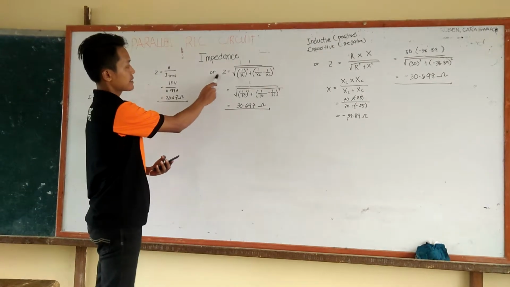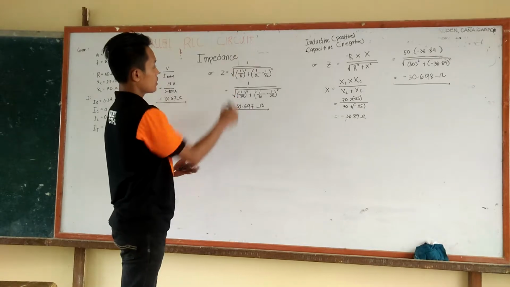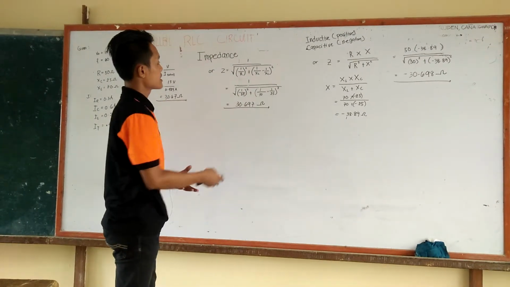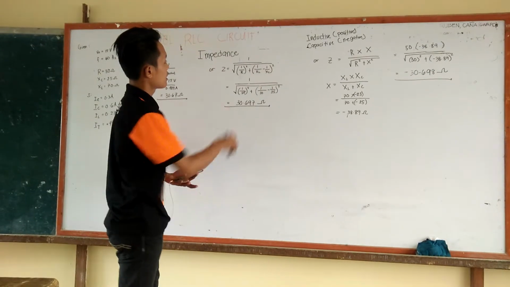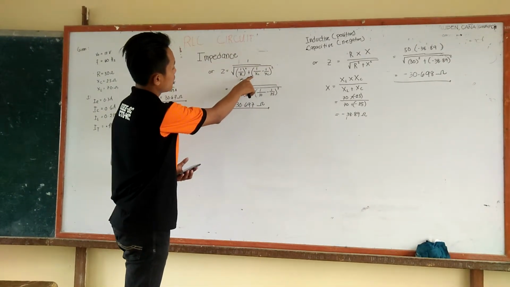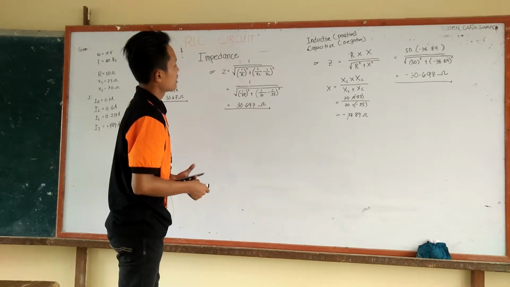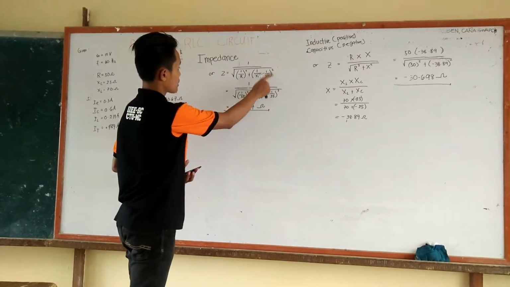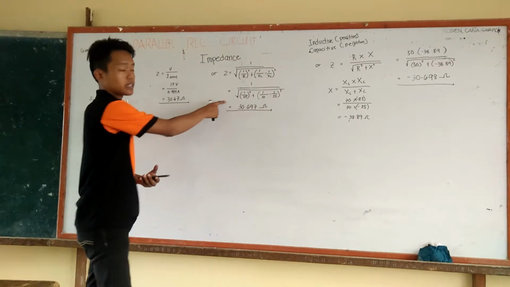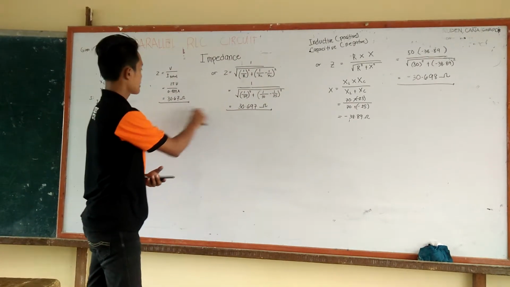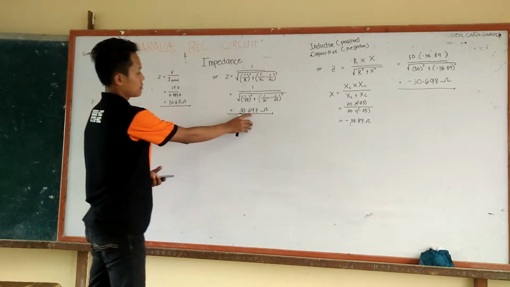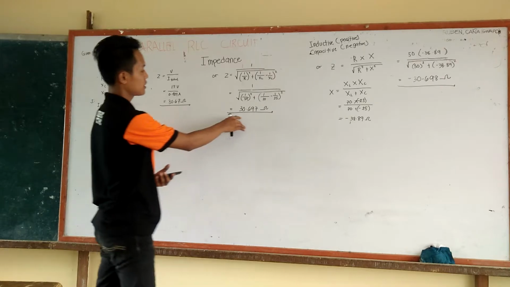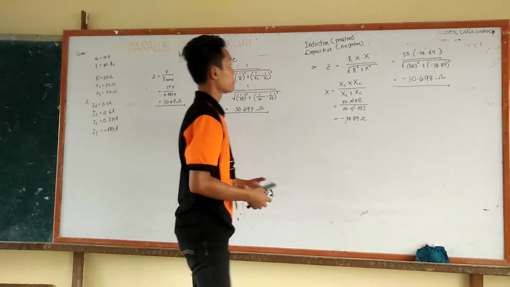Another formula is Z equals 1 over the square root of 1 over the resistance squared plus the quantity of 1 over the inductive reactance minus 1 over the capacitive reactance, squared. We just substitute the values, then we get the same answer as here, or maybe differing by some decimal points, but actually it's the same. So 30.697 ohms.